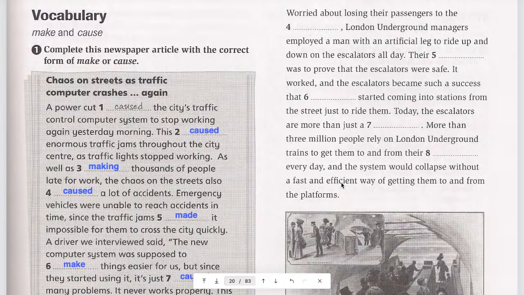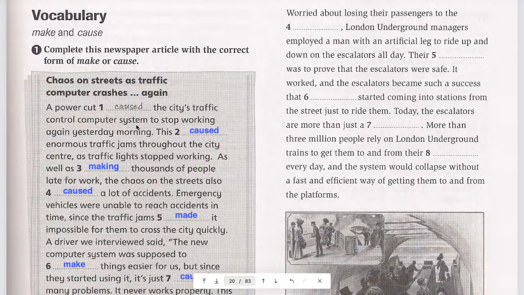So that means after cause we need to use a noun or an adjective with a noun. And after make we need to use a noun or pronoun plus an adjective. Okay? So in this case, caused. And after the word cause we see the city's traffic control computer system.